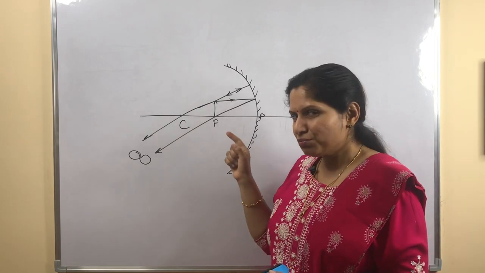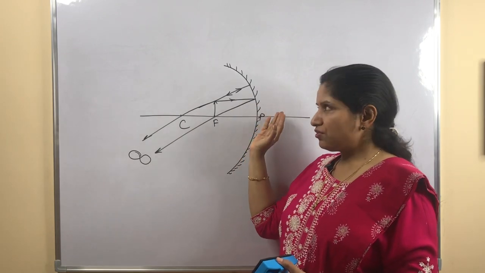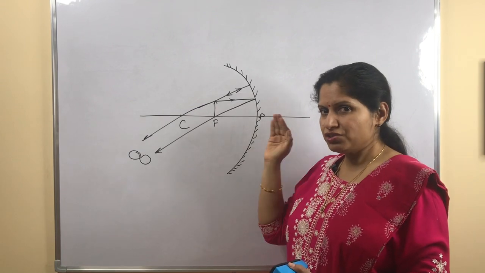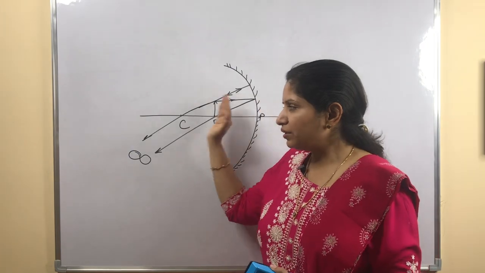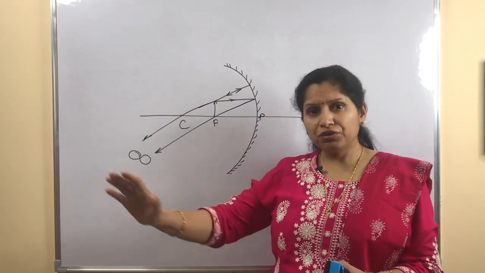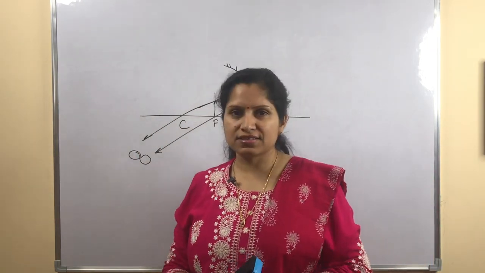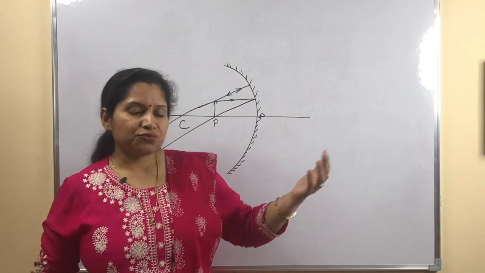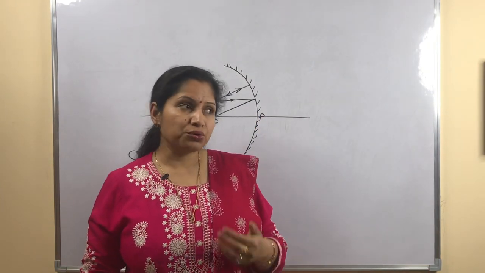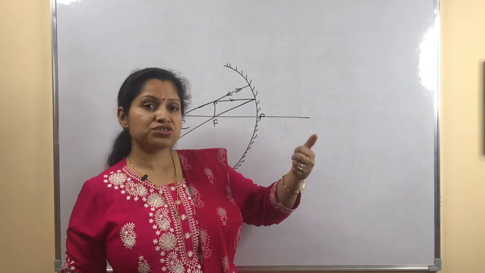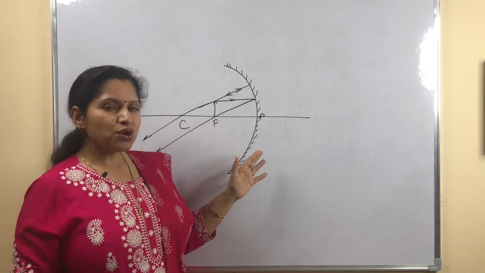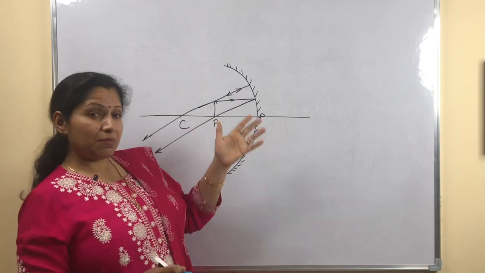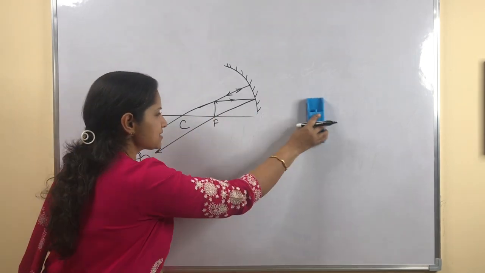Light rays coming from this bulb will get reflected from the concave mirror just placed behind the bulb and they will get reflected back and they will be going to a great distance. That is why the light from the headlight of the car goes to a great distance. Same is used in torches also. Okay, so this is one of the uses of concave mirrors, a practical application of concave mirrors.